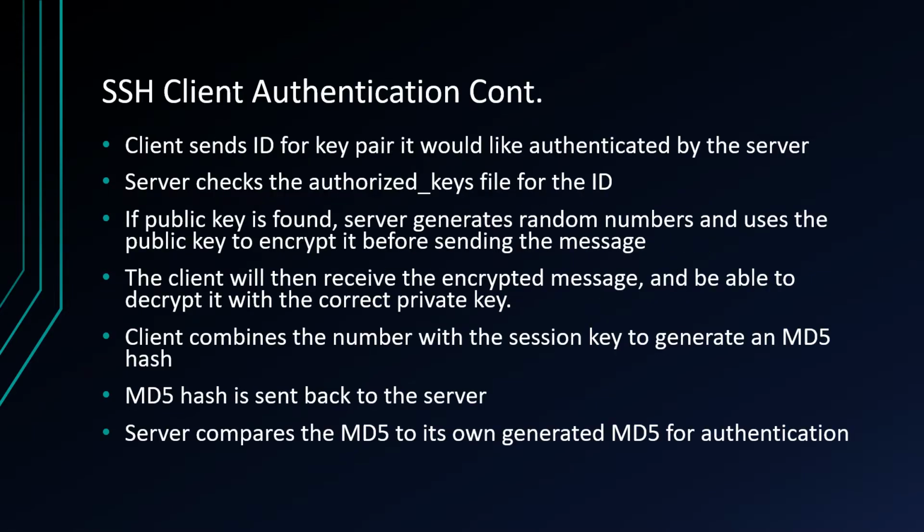So let's look at how authentication of the client continues to happen. The client sends an ID for the key pair that it wants to use for authentication with the server.